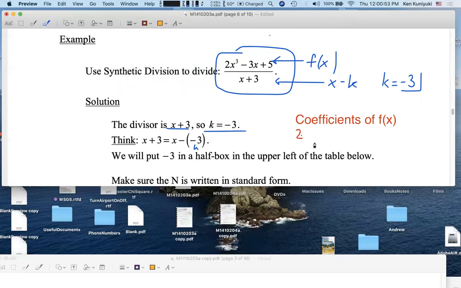Now, what's the next coefficient? Now, be careful. When I say the next coefficient, I'm asking for the coefficient of x squared. 2 is the coefficient of x cubed. It's the leading coefficient. But now I want the coefficient for x squared. What's the coefficient on x squared? It's 0 because there's an implied missing term, plus 0x squared.